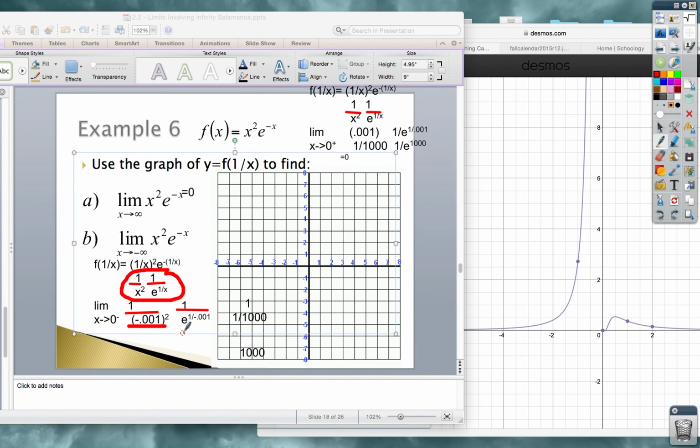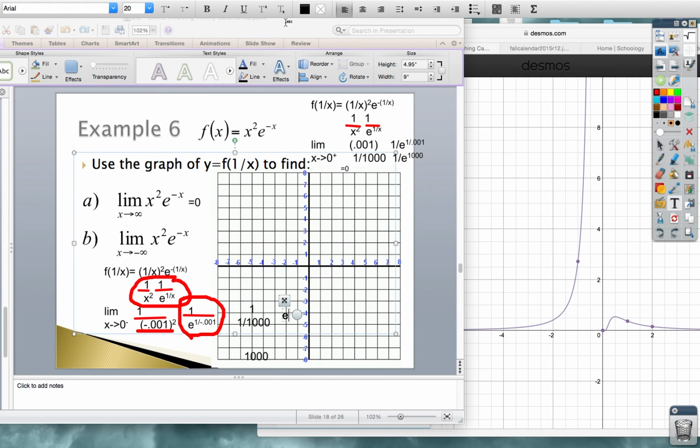If we look at the e value right here, you'll notice that it has a negative exponent, so it'll move up to the top. So it'll be e to the 1 divided by negative 1,000th, which is going to change into e to the negative 1,000.